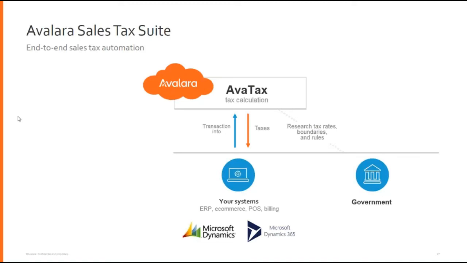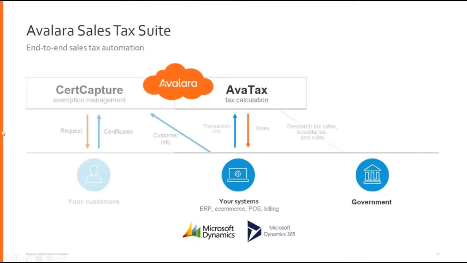CertCapture is the next component, and CertCapture is where you can manage your exemption certificates. Exemption certificates are required for your customers when they make purchases from you as a tax-exempt entity. For example, if they're buying your products for resale or if they're a government entity, and there are lots of other exemption reasons.